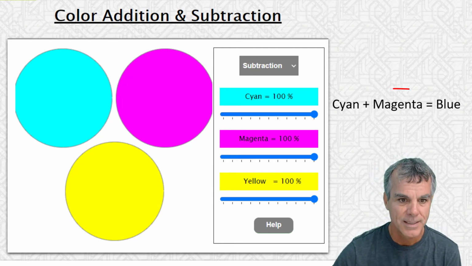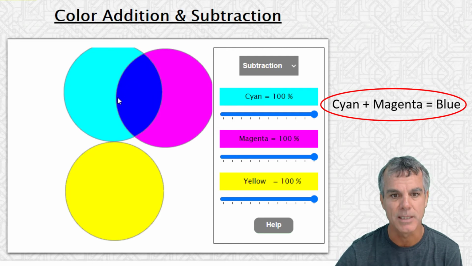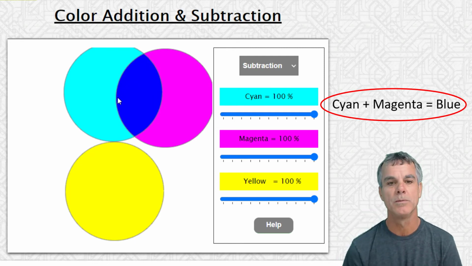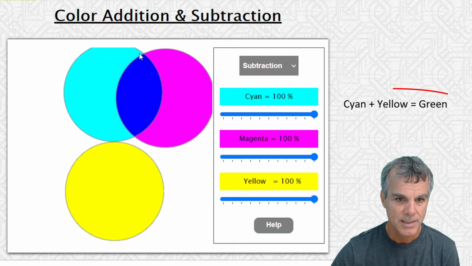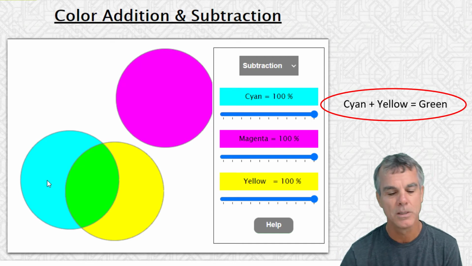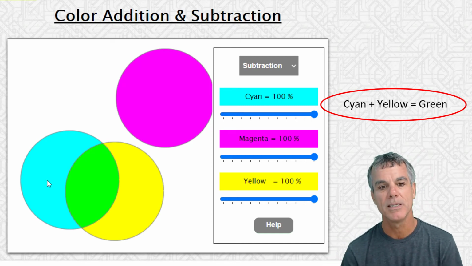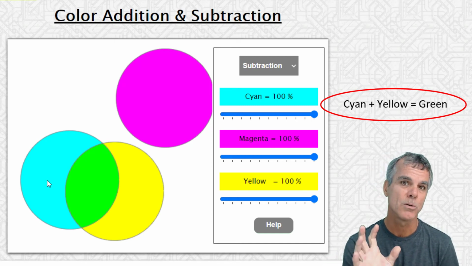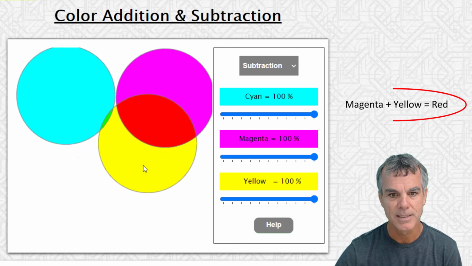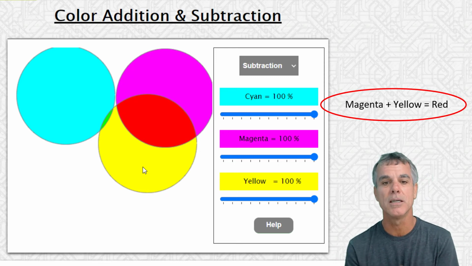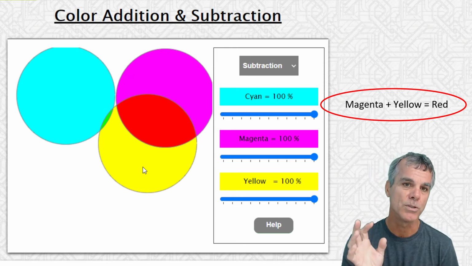First rule, cyan plus magenta equals blue. So equal amounts of cyan and magenta added together produce blue. Equal amounts of cyan plus yellow produce green. So cyan plus yellow equals green. And then finally, magenta plus yellow equals red.